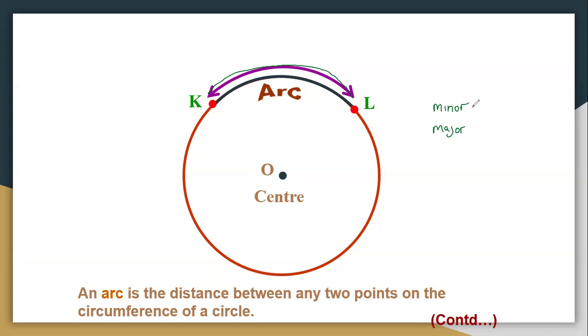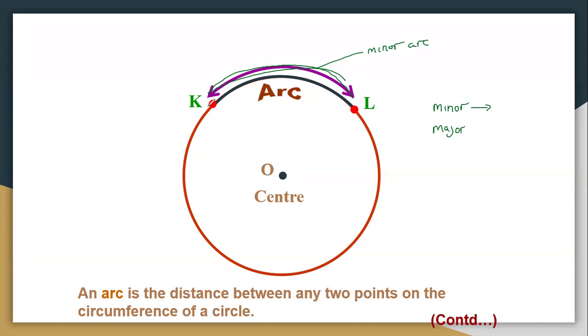When I'm talking about a minor arc, whenever you draw your circle, the smallest distance, the one that is very small, is what we call the minor arc. For this particular circle of ours, the distance from K to L, this one here up, is what we shall call the minor arc.